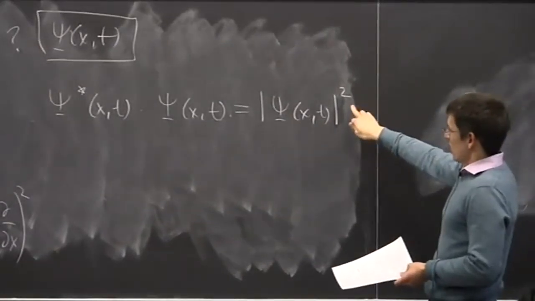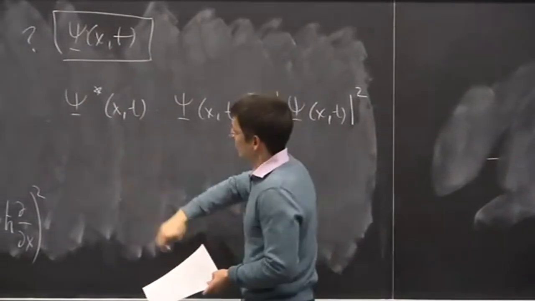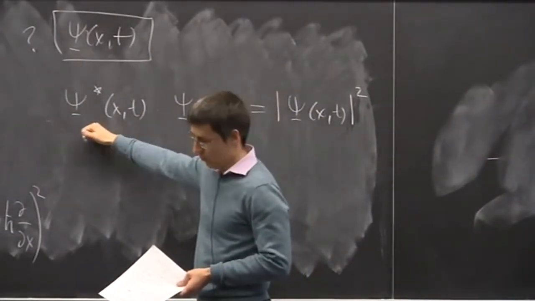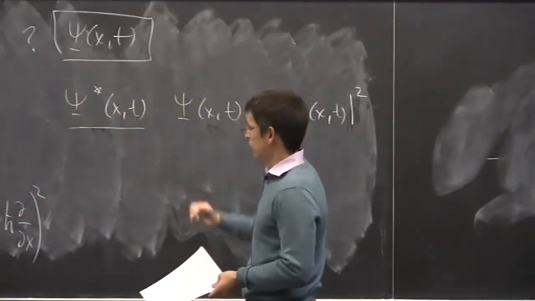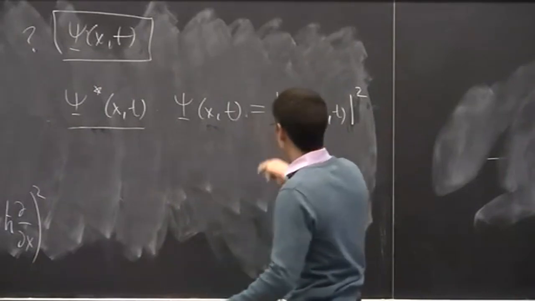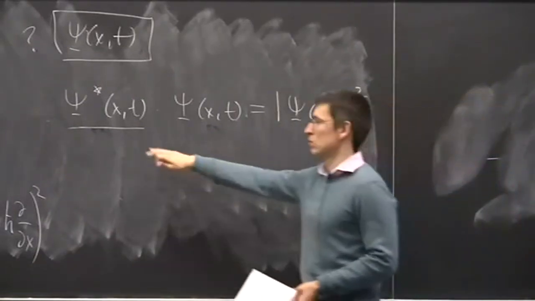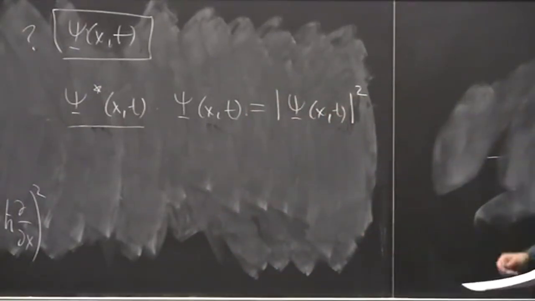In a sense, you're taking not the square of the function, but the absolute square, where you take a function and multiply by the conjugate of the function. First, I'll tell you the result. This is a very useful quantity, and then I will tell you how to do conjugation for people who may not be familiar with that operation.